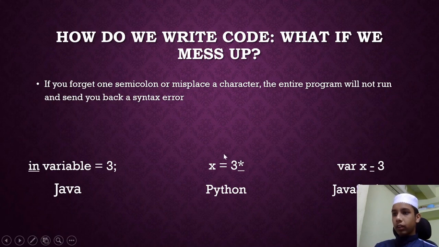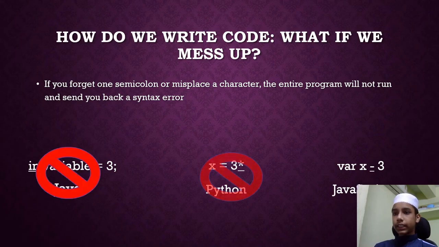In Python, x = 3 followed by a star and underscore. And in JavaScript we are giving everything, but below the dash we are not giving the equals sign, here we are giving an underscore. So it changes your syntax.